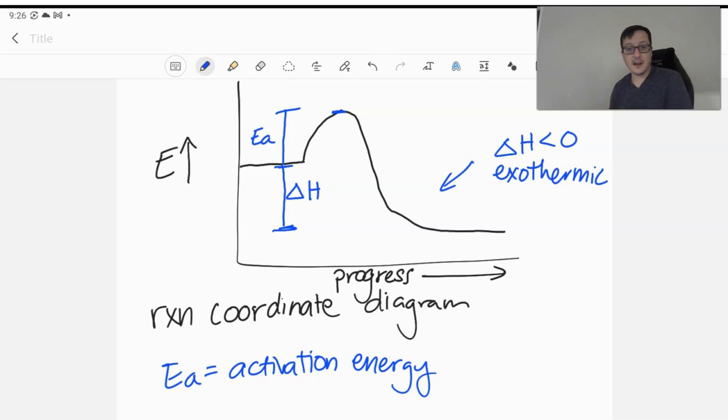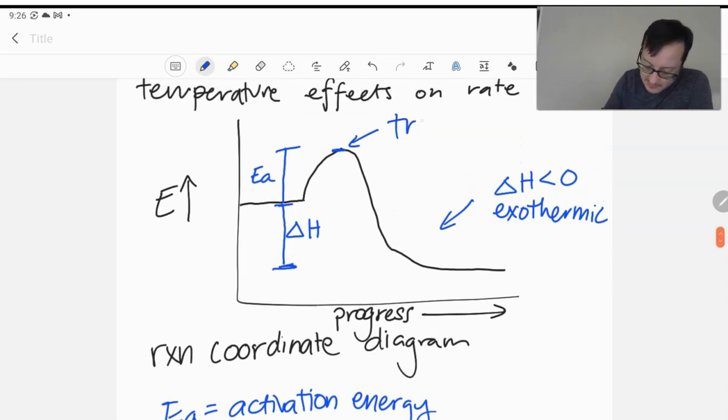We can say it's kind of a constant for a particular reaction, but of course, we saw previously how at different temperatures, different numbers of molecules have sufficient energy. So it's kind of our threshold there. And this very peak, by the way, is what's called the transition state.